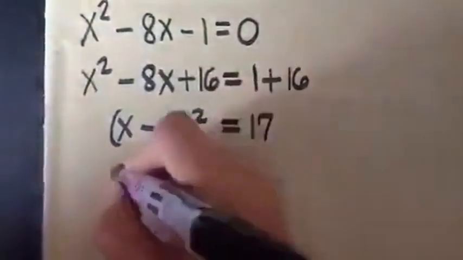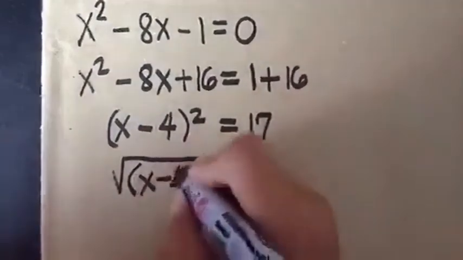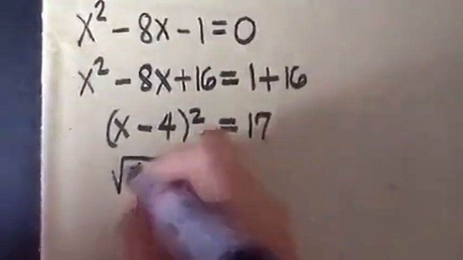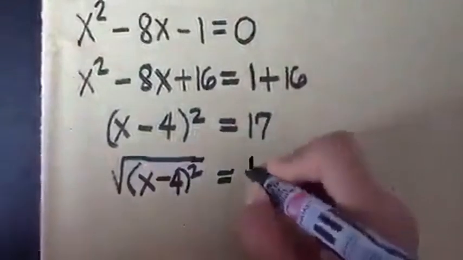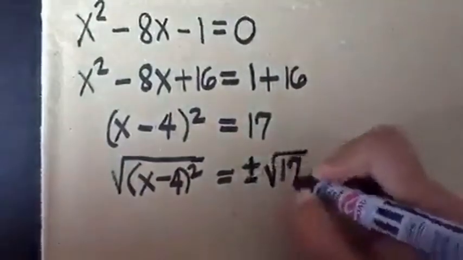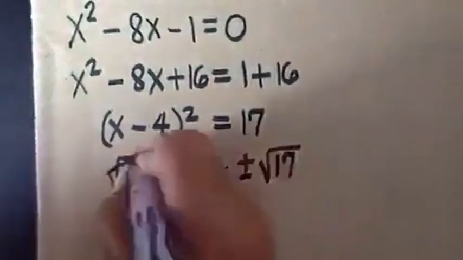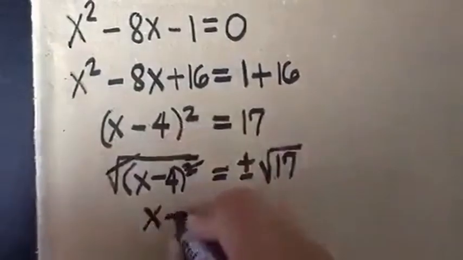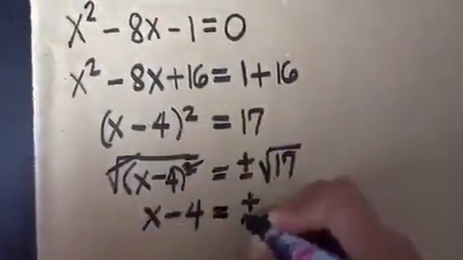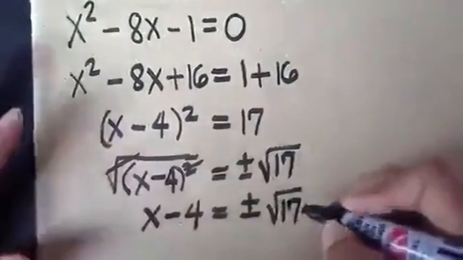Okay? Then, after that, we are going to take the square root of both sides of our equation. So, we will take the square root of both sides. So, take note, do not forget to write the double sign on the right side. Okay? So, therefore, this is cancelled. So, you have x minus 4 equal to positive and negative square root of 17.